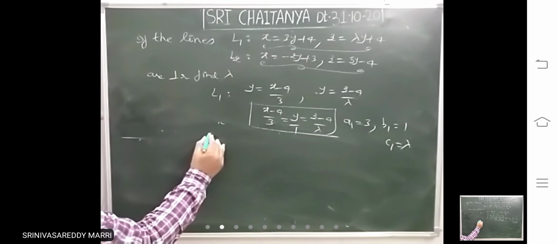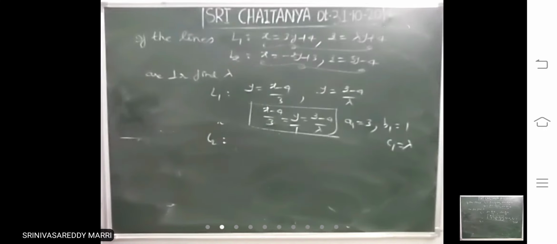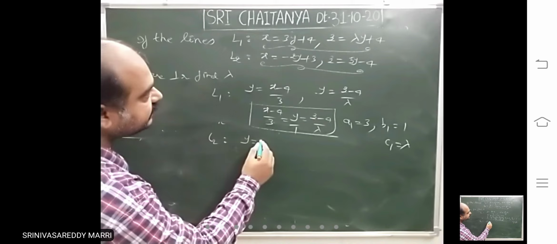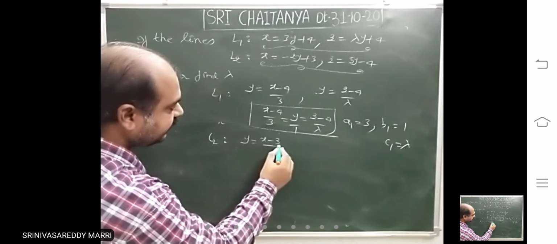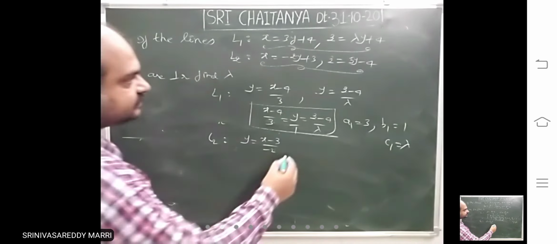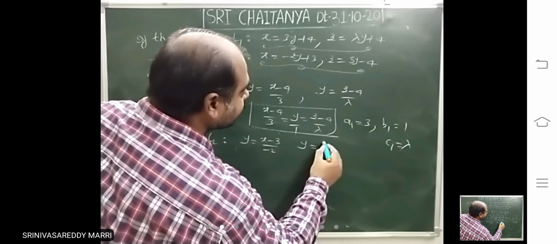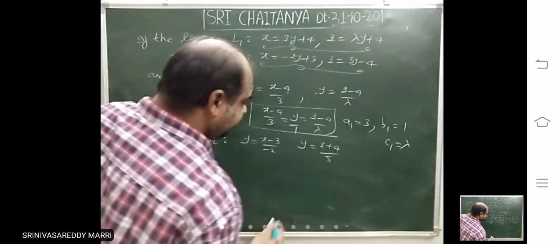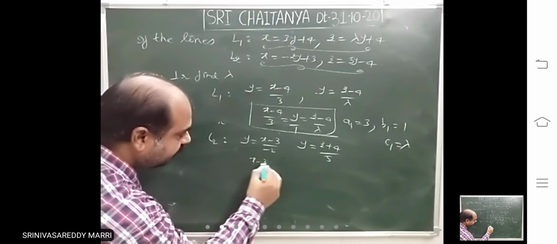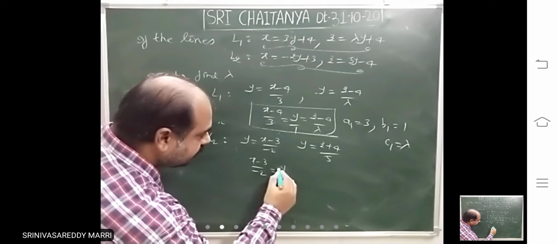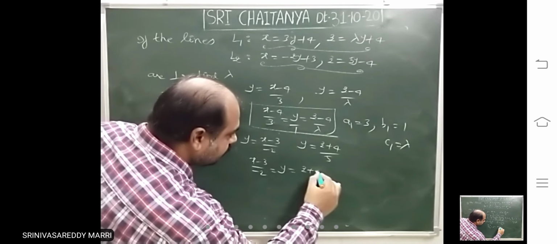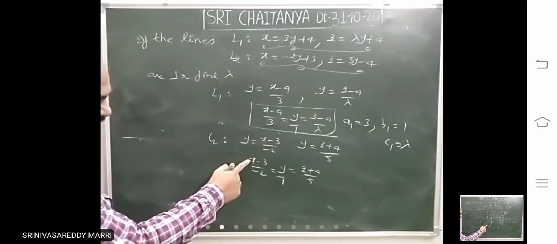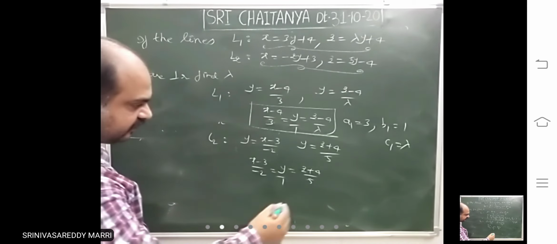These are the DRs of the line. Now look at line 2, the common variable is again y. So y equals x minus 3 divided by minus 2, and y equals z plus 4 divided by 5. So this is in standard form, x coefficient 1, y coefficient 1, z coefficient 1.